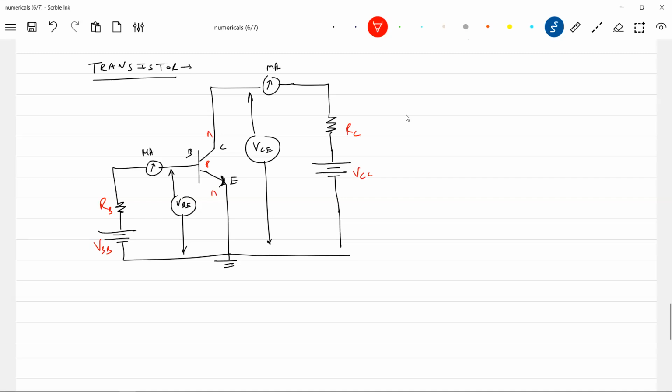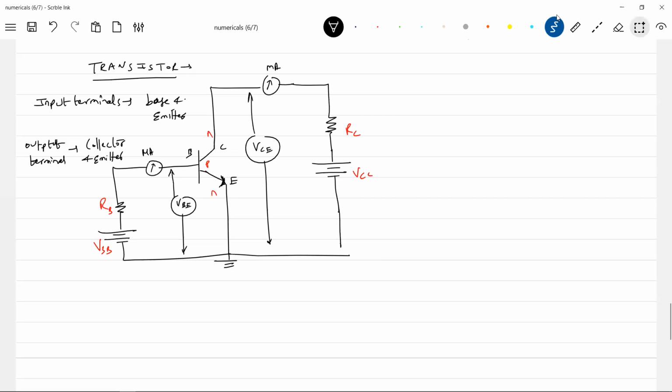Now, what are the input terminals? It's a 3-terminal device. The base and emitter are called the input terminals. What are the output terminals? Collector and emitter.